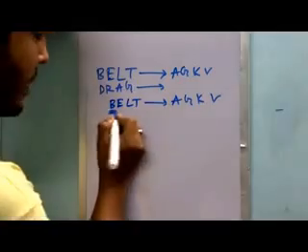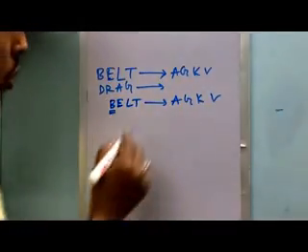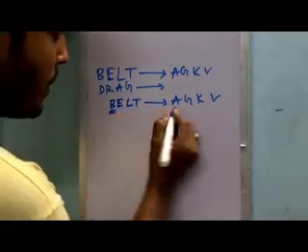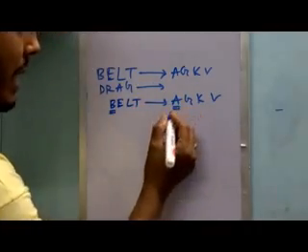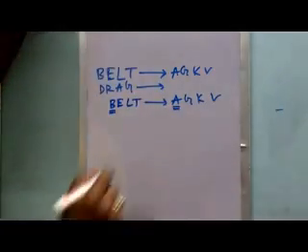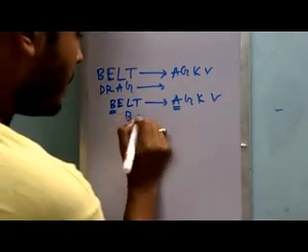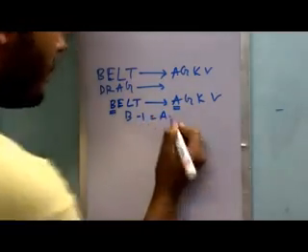If we consider B, the top left letter of this word BELT, we have to find the relation between B and A, which is also the top left letter of the word AGKV. So what is the relation? B minus 1 equals A.